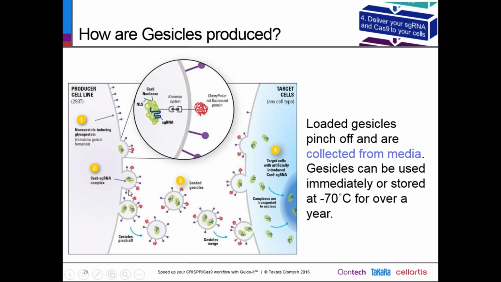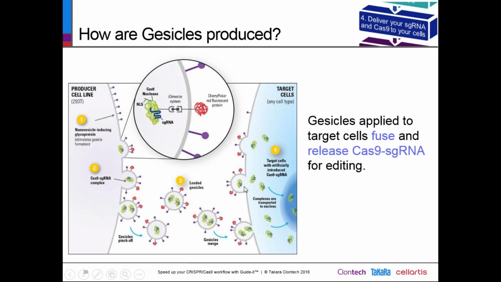As you can see here, the loaded Gesicles will just pinch off the producer cells and can be collected from the cell culture supernatant. And what's also nice is that you do not need to produce Gesicles each time you wish to do gene editing. You can also do a bigger production and then freeze them at -70 for later use.